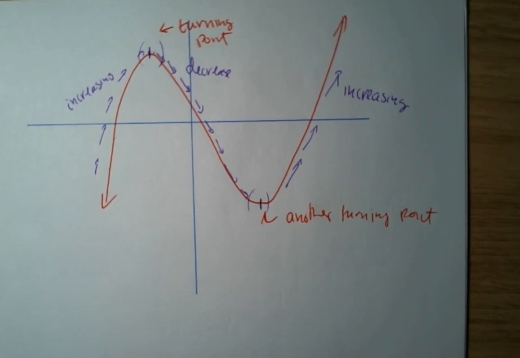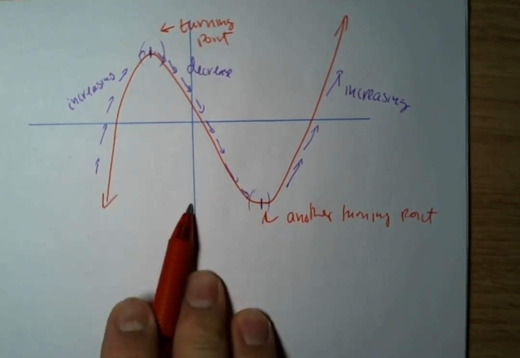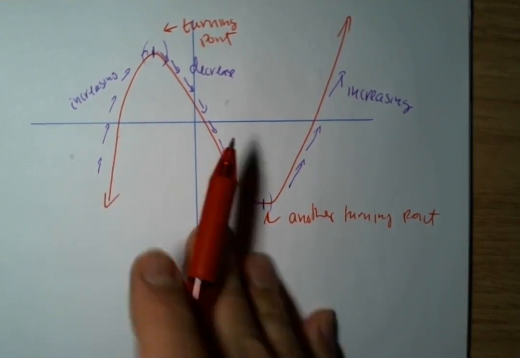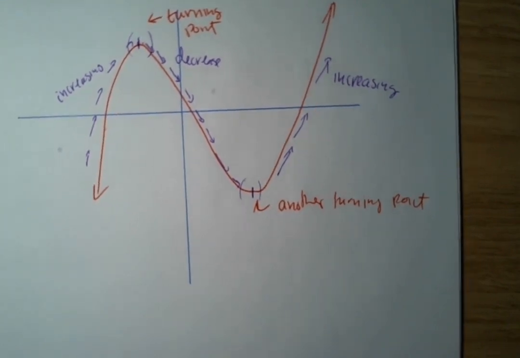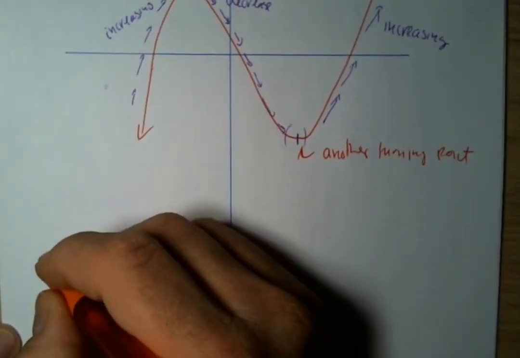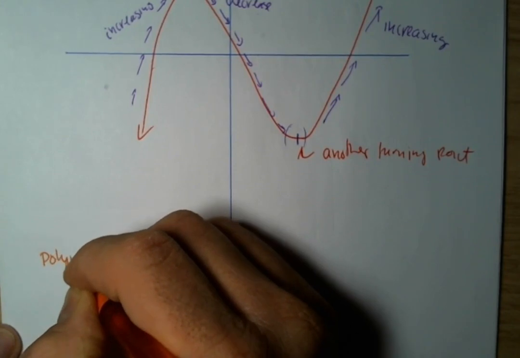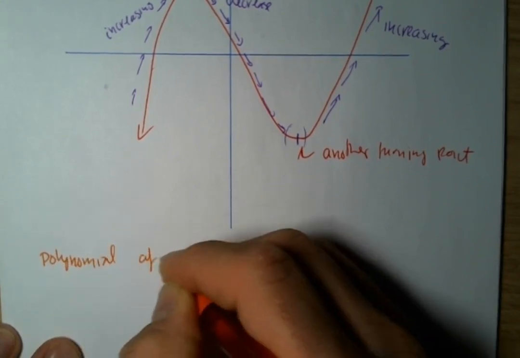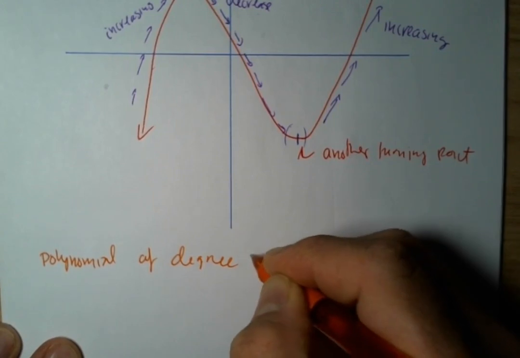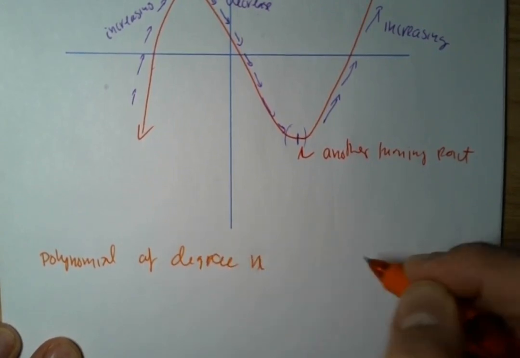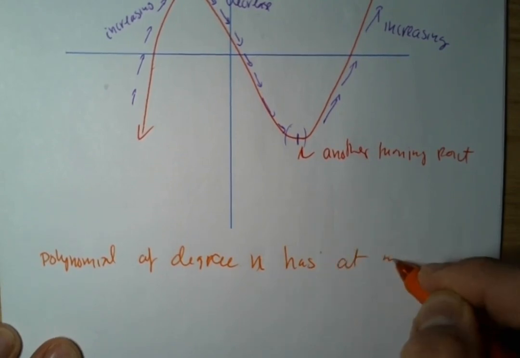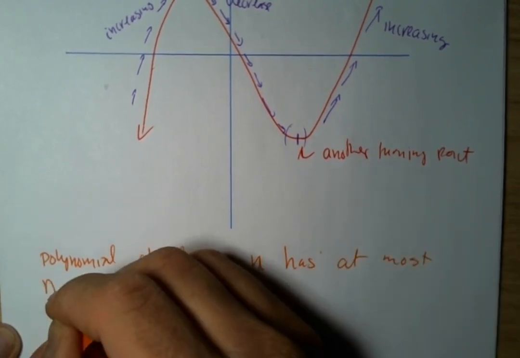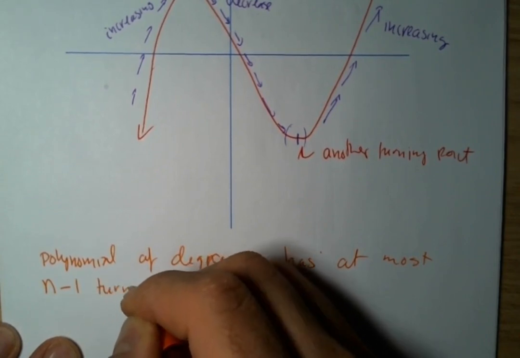Notice there are two turning points for a polynomial of degree 3 here. The turning points and the degree are related. We can generalize to say that a polynomial of degree n, for some whole number n, has at most n minus 1 turning points.